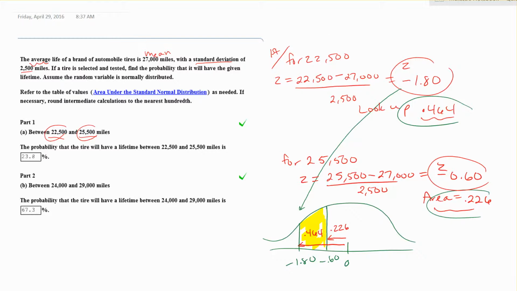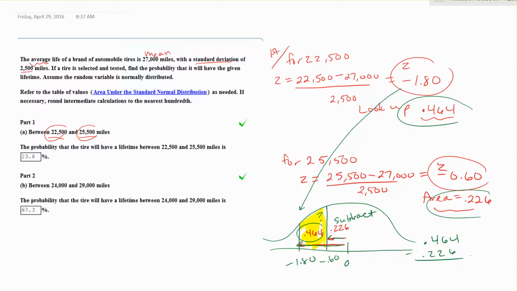Because my areas are overlapping and the arrows go the same way, I need to subtract to find the area between. It's 46.4 all the way, 22.6 part of the way. So if I just want this piece, I want to find the difference. So 0.464 minus 0.226 will give you that region between those.